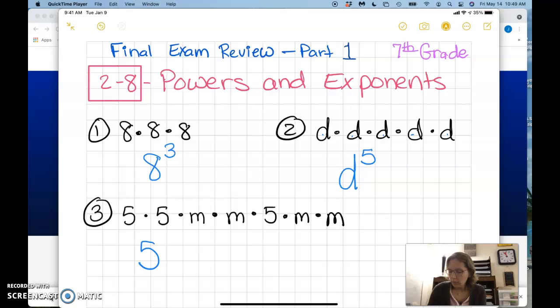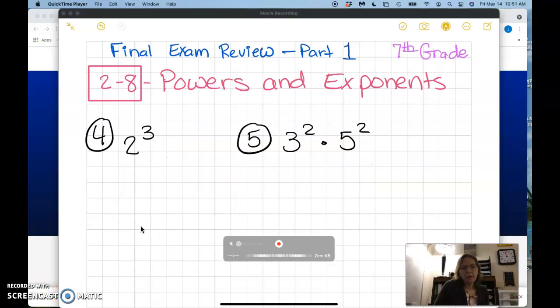And then I'm going to count 1, 2, 3 5s. So 5 to the 3rd power. And then write what you see next. I see M. And count how many M's there are for your exponent. 1, 2, 3, 4. M to the 4th. So 5 to the 3rd times M to the 4th. Okay, write this down and I'll be right back.